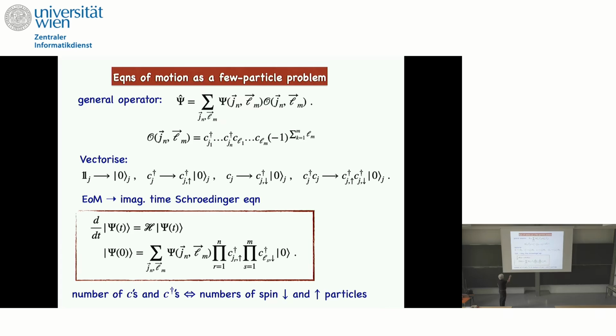So d by dt of the state equals some pseudo-Hamiltonian times the state, and the initial conditions are given by which operator you're interested in. As a reminder, the numbers of C's and C daggers correspond to the numbers of down spins and up spins.